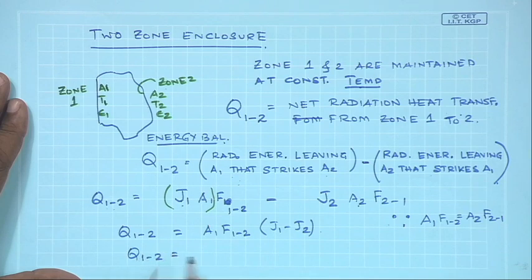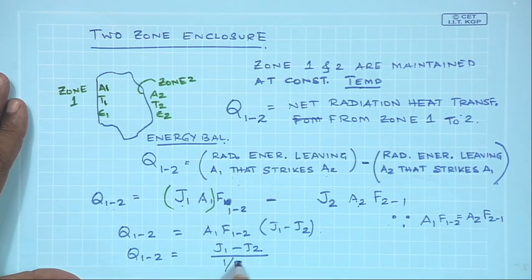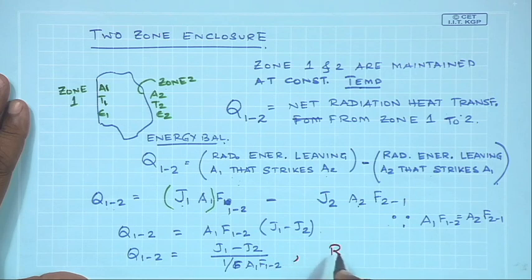Q1 to 2 is simply equal to J1 minus J2 divided by 1 by A1 F1 to 2. So, this A1 F1 to 2 is nothing but the resistance, which is 1 by A1 F1 to 2. J1 and J2 are the radiosities of surface 1 and surface 2.